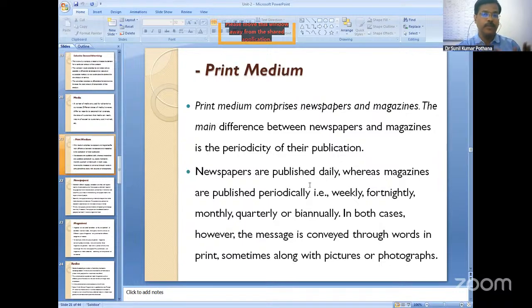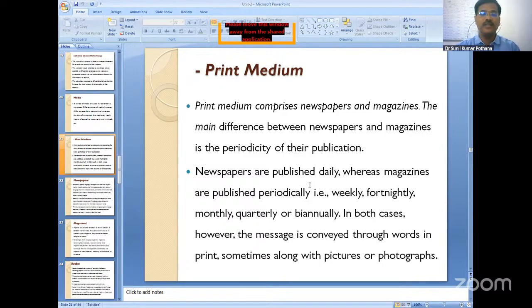Here, the print media. Print media comprise newspapers and magazines. The main difference between newspapers and magazines is the periodicity of their publication. Newspapers are generally a daily product.